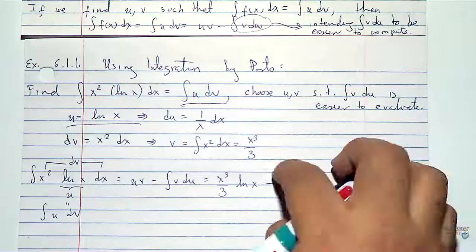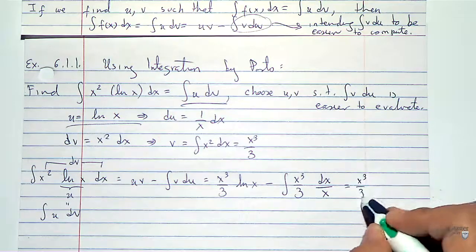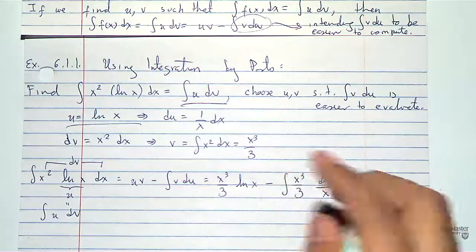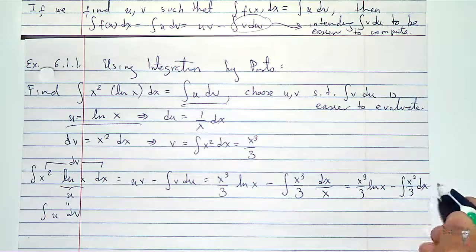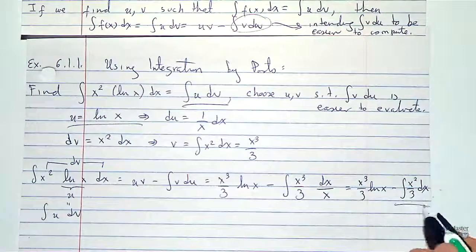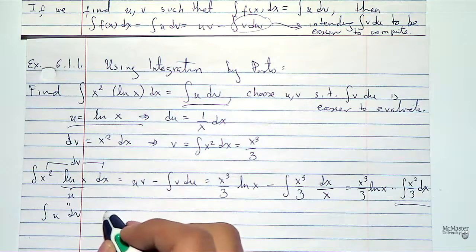So you will have a cancellation, which is what I was mentioning before, right? So you have x cubed over 3 natural log of x, minus the integral of x squared divided by 3 dx. This one is easy to perform, and that's why we didn't lose too much if we chose u as natural log of x, because we would have the factor 1 over x, and then we could perform the integral just by polynomial rules.